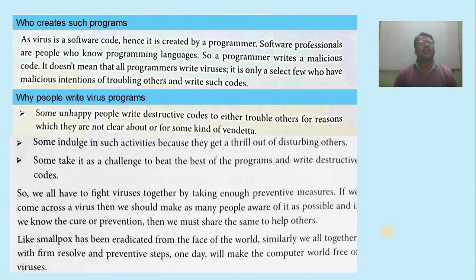Now we understand who creates such programs, that means computer viruses. Computer virus code is software code created by software professionals, IT programmers, who write malicious code.